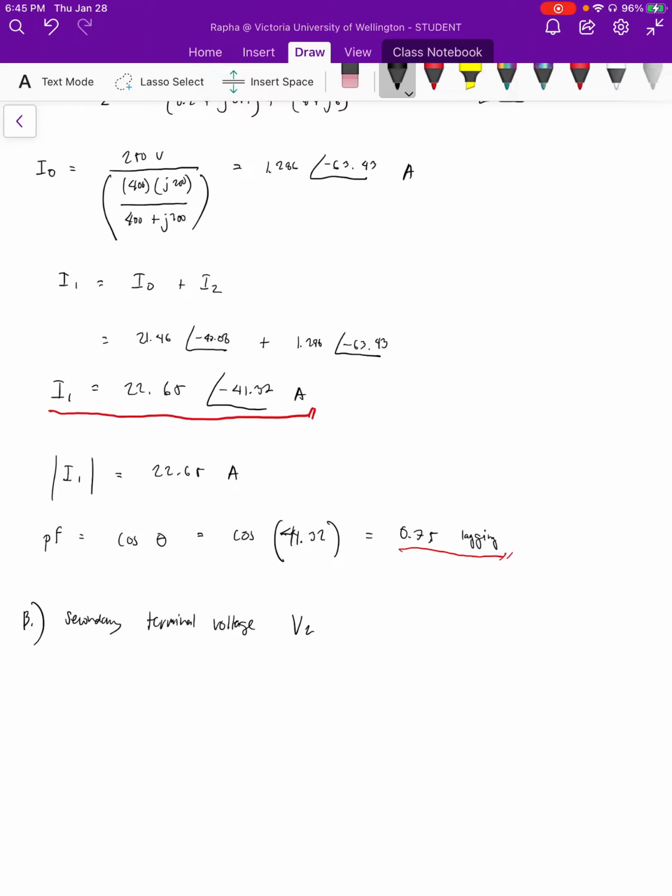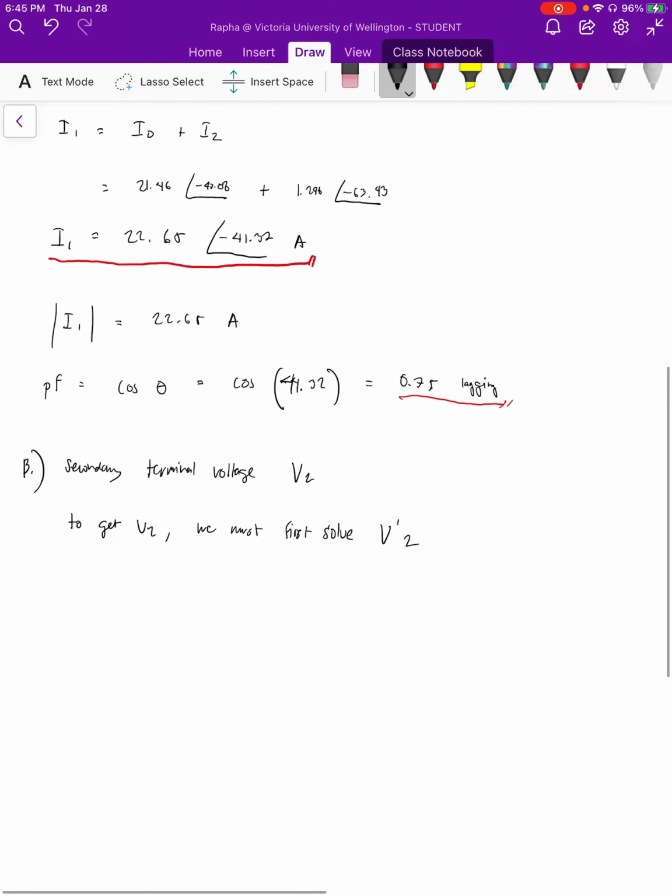So to get V2, we must first solve V apostrophe 2. V apostrophe 2 is the voltage at the secondary winding referred to the primary side.